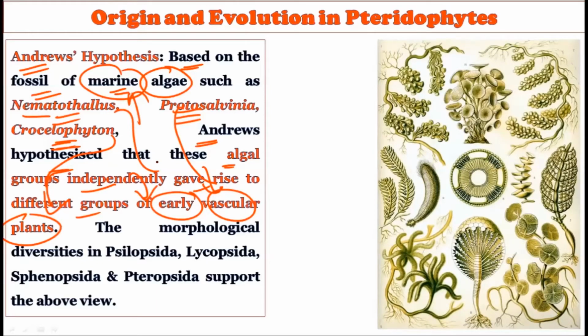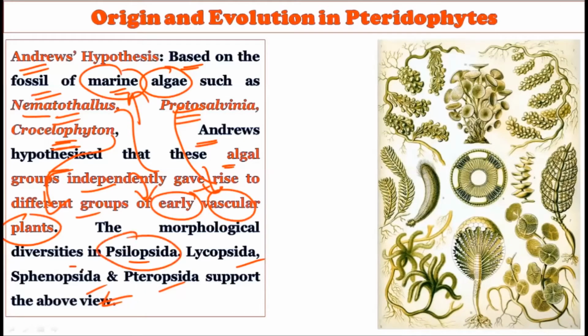Okay, it is in a fossilized form. And when we study these fossilized forms, their morphological characters match with the early vascular plants, and that is why Andrews hypothesized that these earlier vascular plants may have evolved from these fossilized marine algae groups. Now see, the morphological diversities in the Psilopsida, Lycopsida, Sphenopsida, and the Pteropsida support the above view.